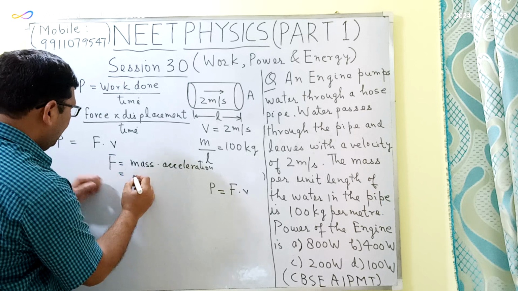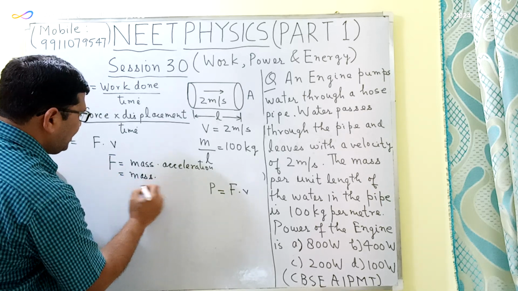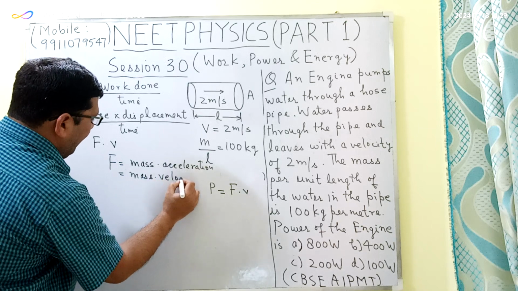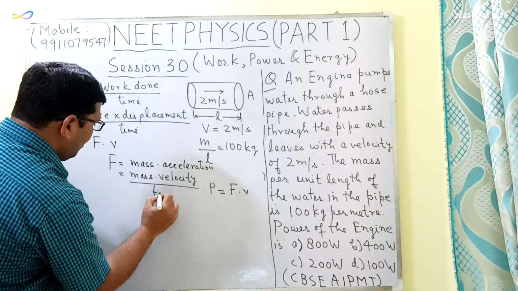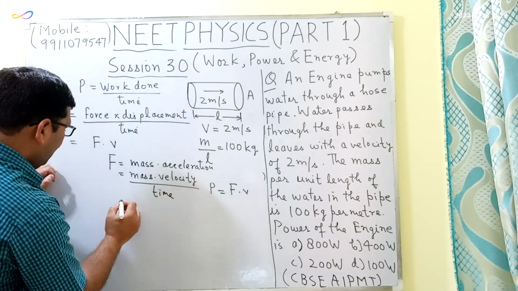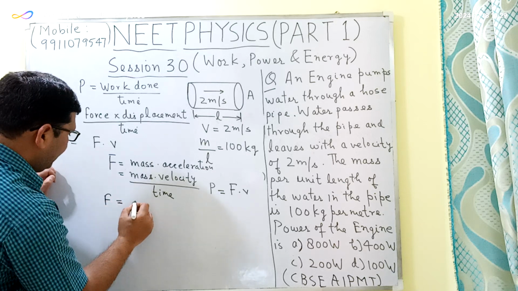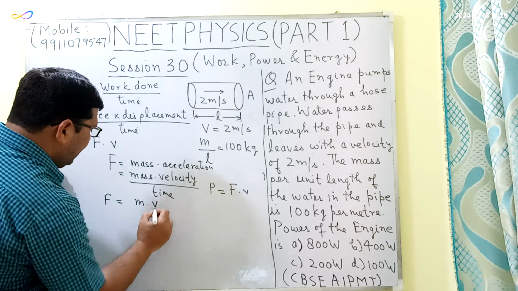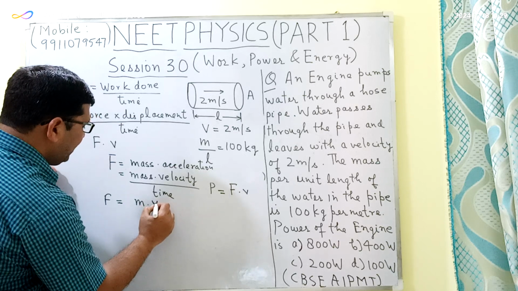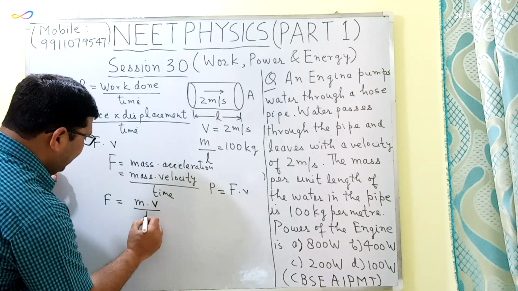And so this formula can be rewritten as mass into velocity upon time. So this formula can finally be written as m, where m is the mass, v is the velocity, which we have already denoted by small v, divided by time t.